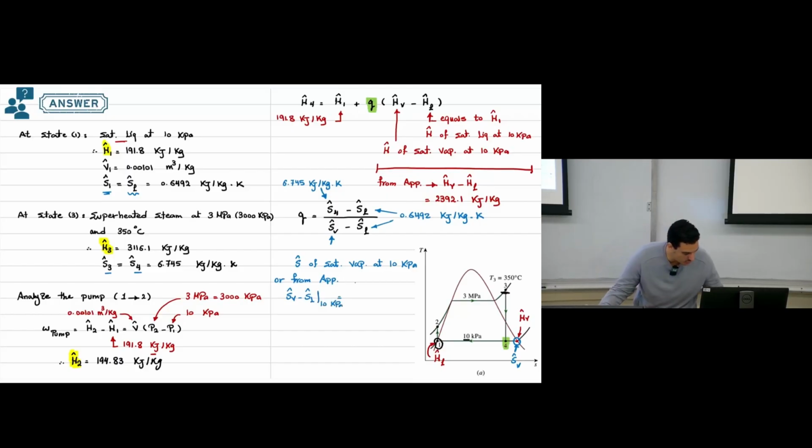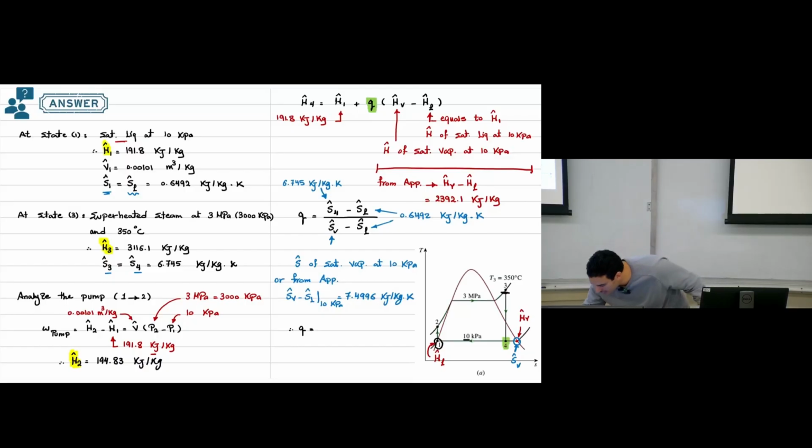This will equal 7.4996 kilojoule per kilogram Kelvin. So we know all the values that we need to calculate Q, then substitute in the equation.